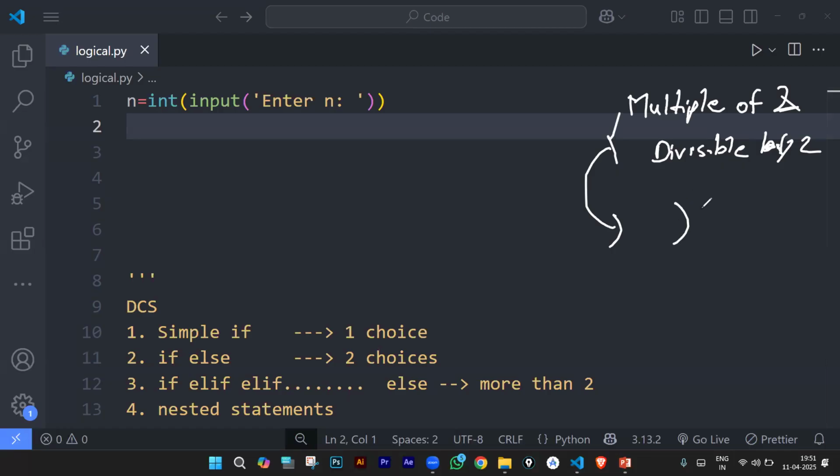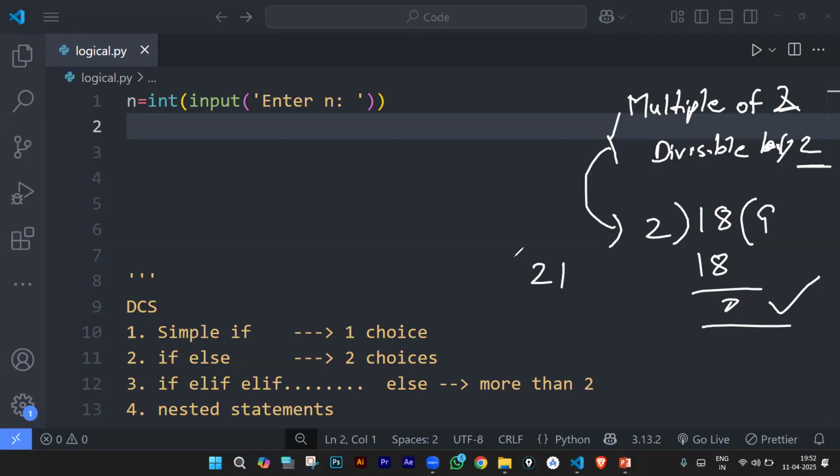For example, if I take 18, is it an even number or odd number? Check by dividing it by two. Two nines are 18, so the remainder is 0. Yes, that is divisible by 2, so that is an even number. If I take 21, can 21 be divided by 2?